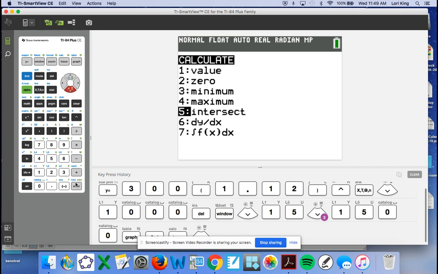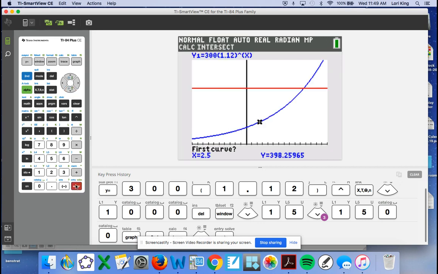So I hit enter, 5 intersection, and it says, do you want the intersection of your first function y1? And we do, so we hit enter to say yes, with my second function y2, and I hit yes. The reason it asks which functions you're looking for is because you can have more than two functions in your y equals screen. We just happen to have two, so that makes it a little easier for us.